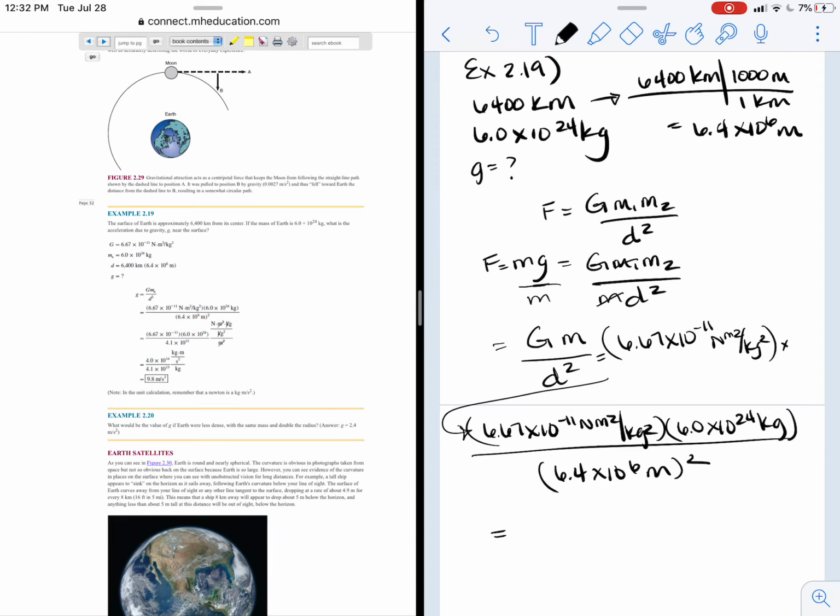And if you do all the math there, that's going to end up giving you 9.8 meters per second squared, which is what we use whenever we're finding stuff that involves gravity. So this example was pretty intense, okay? It's a good example to show you how gravity is found and prove why we use 9.8.